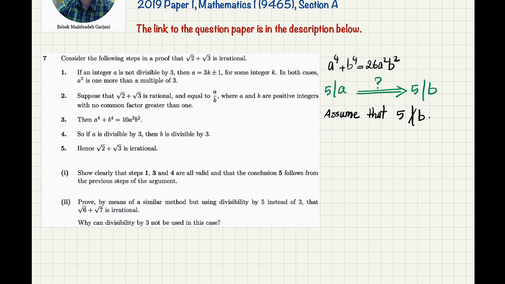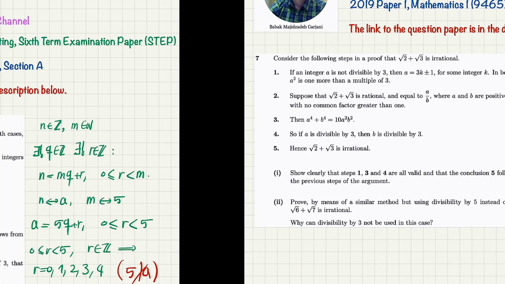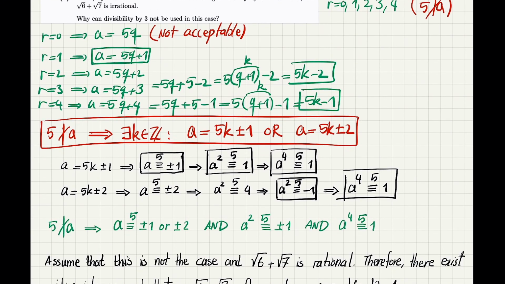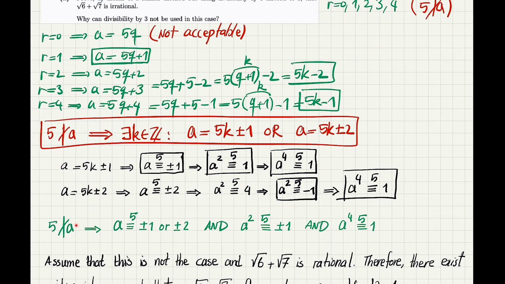So what I have, if 5 does not divide b, let me go to the previous page, and then you see that here, I have written it here. If a number a is not divisible by 5, its square can be written as plus or minus 1 if I am working in modulo 5, but its fourth power is always congruent to 1 in modulo 5, yes?